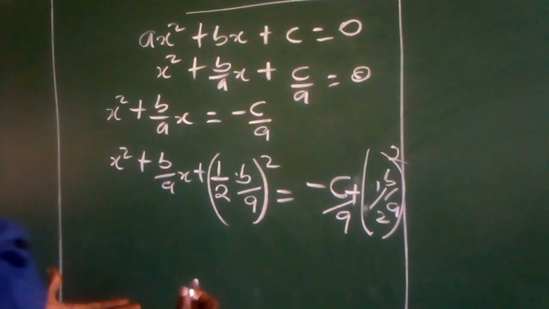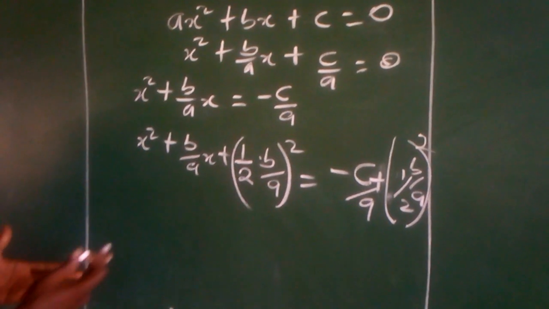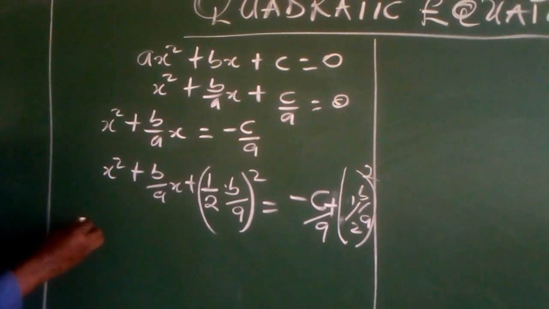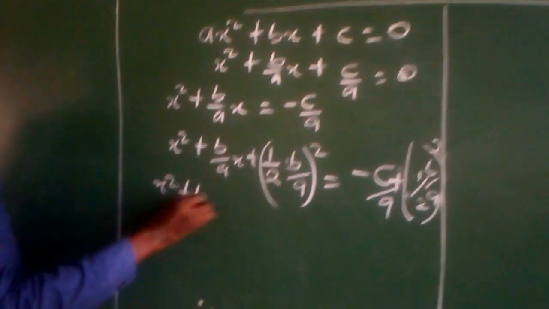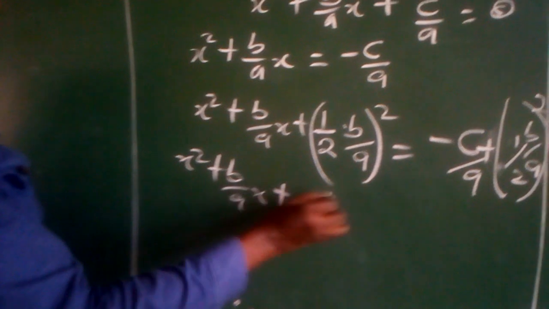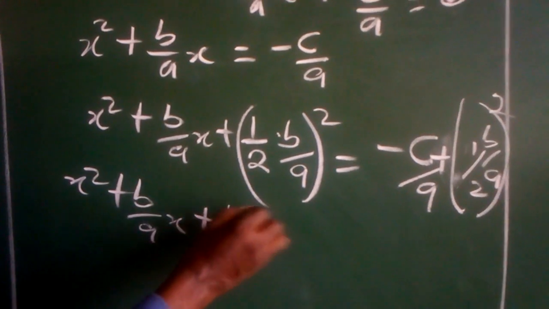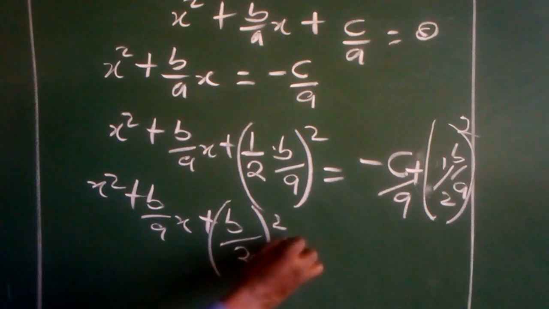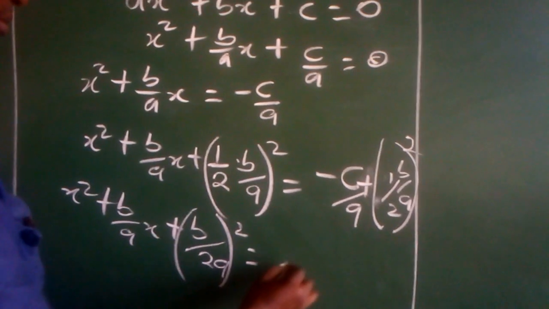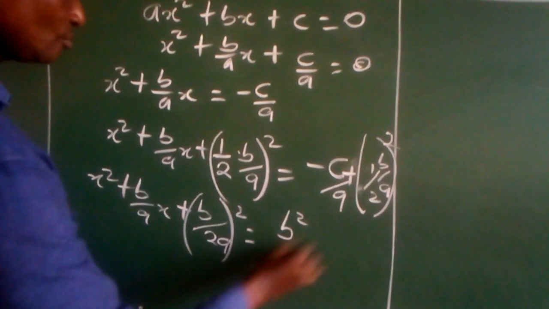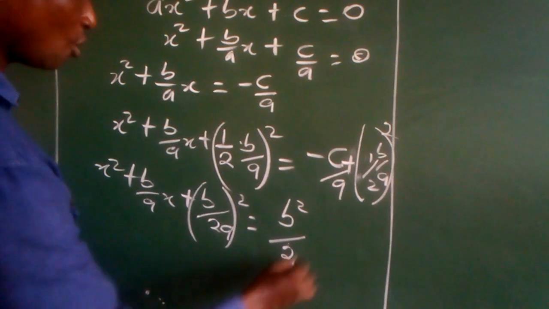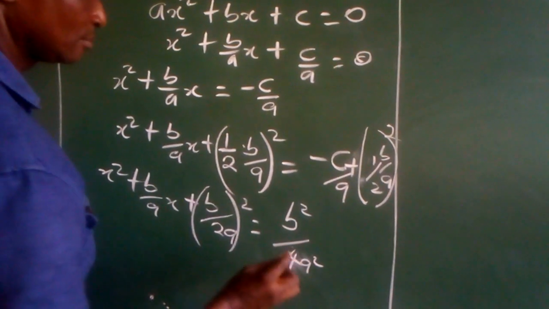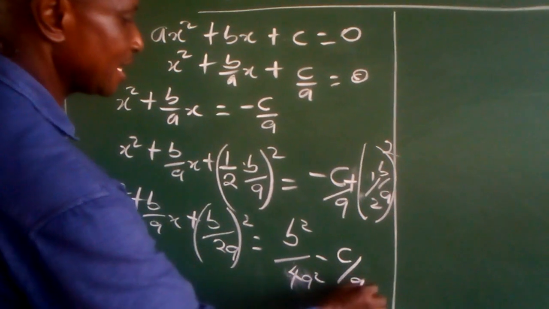But the essence of this is to complete the square by factorization methodology, so that we will now be having x squared plus b over a x plus b over 2a all squared is equal to b over 2a all squared, which is the same thing as b squared over 4a squared, minus c over a.